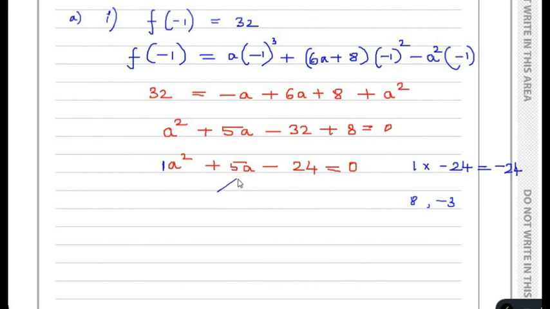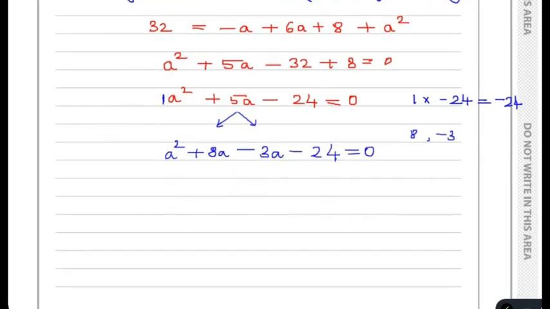So I'm going to split this positive 5a as 8a minus 3a, so a squared plus 8a minus 3a minus 24 equal to 0. Let me factorize this.